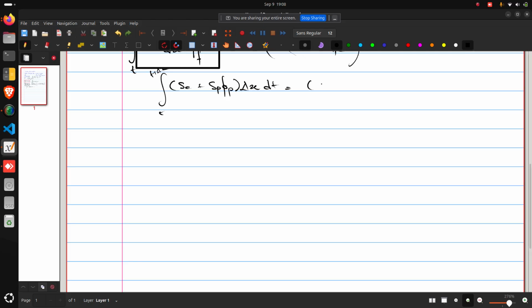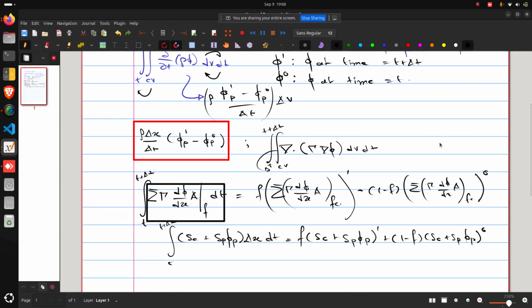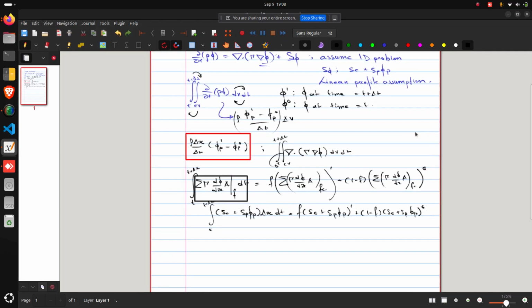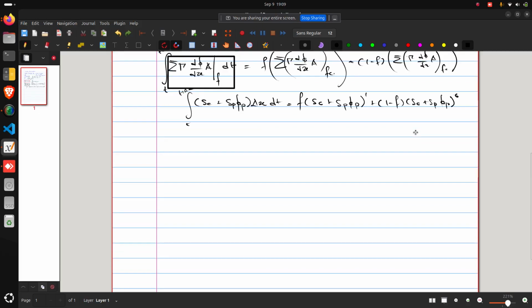It is nothing but f times Sc plus Sp phi p at time 1, plus 1 minus f times Sc plus Sp phi p at time 0, right? Okay, so now that we have all our equations here, let's club them together and manipulate them to get our familiar aP phi p form.